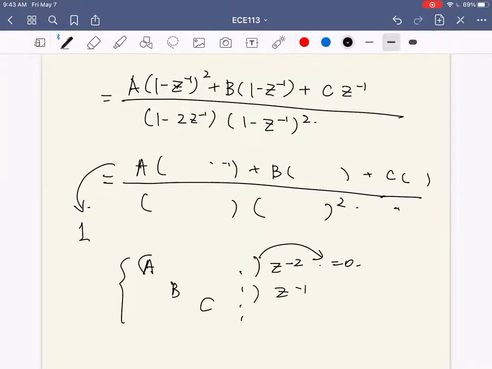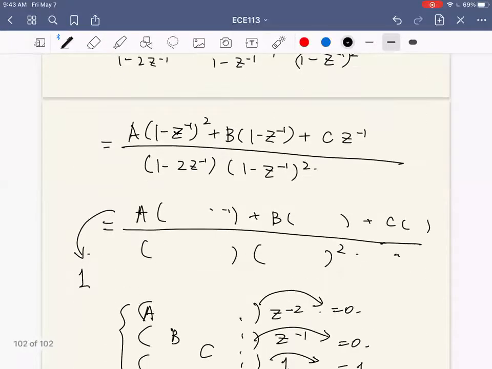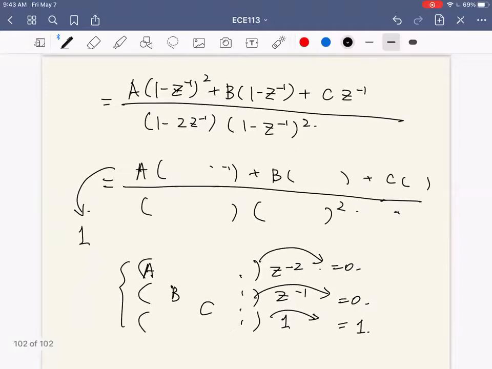And the coefficient for z to the -1 should also be 0. And you know the coefficient for the constant term should be 1. In this way, you can also solve for A, B, and C. So you just need to compare which case is easier to compute, and then choose your method.